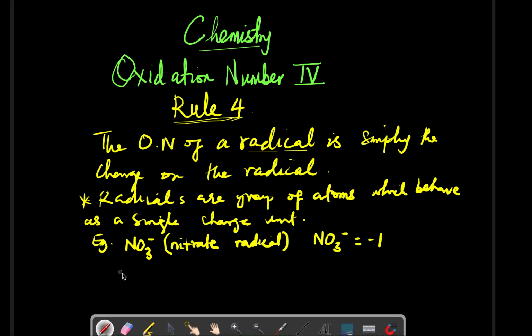So if I give you this one, what is the oxidation number of sulfate radical? Let me put sulfate radical like this, with 2 minus. The answer now is -2. Very simple.